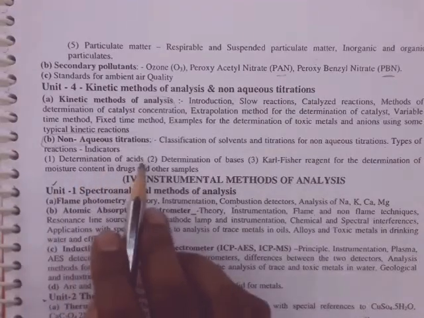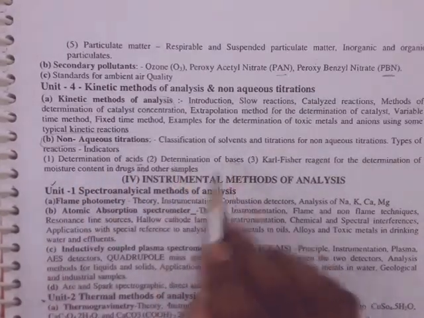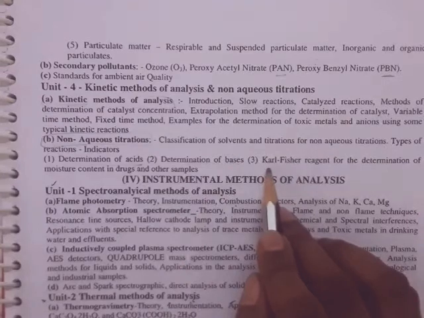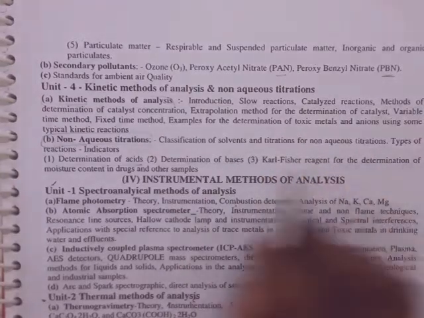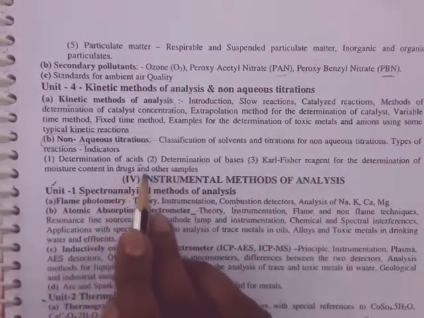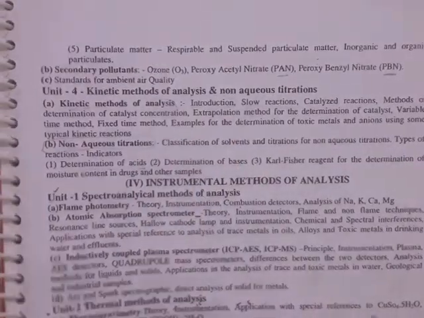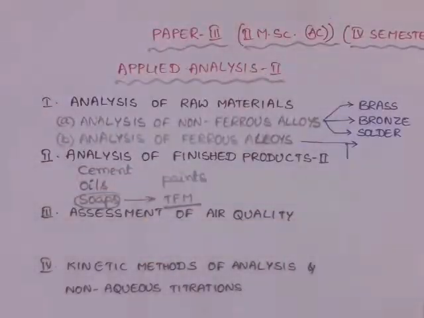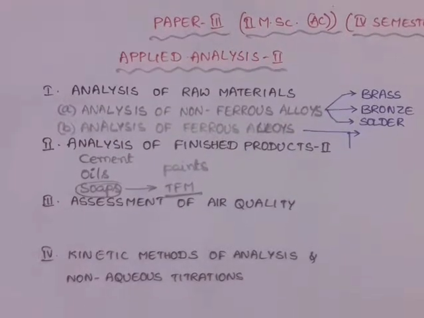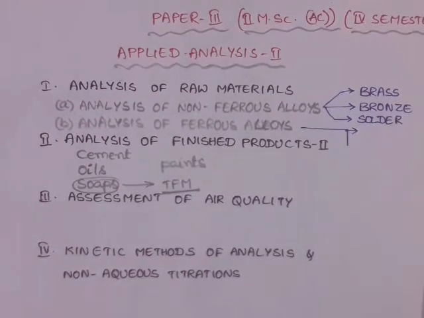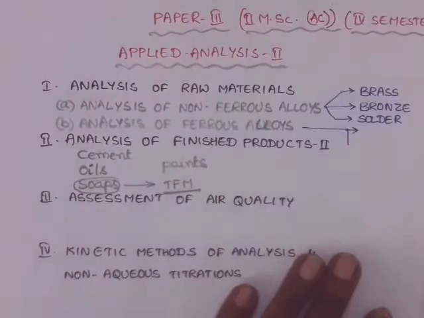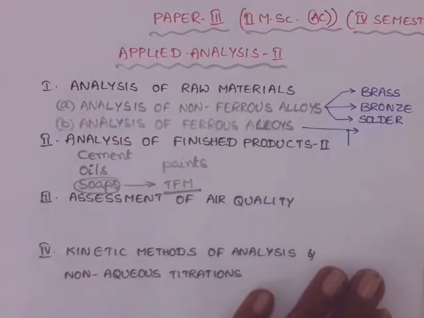First one, determination of acids, then determination of bases, and Karl Fischer reagent for the determination of moisture content in drugs and other samples. These are the various units which are inserted in paper 3 under the name Applied Analysis 2 in your 4th semester.